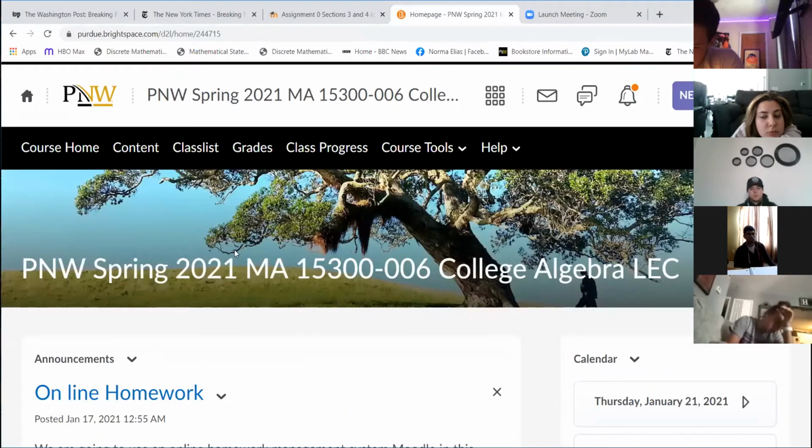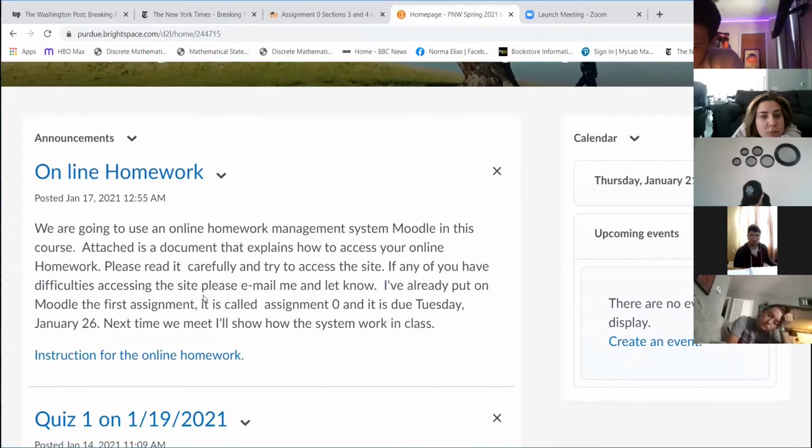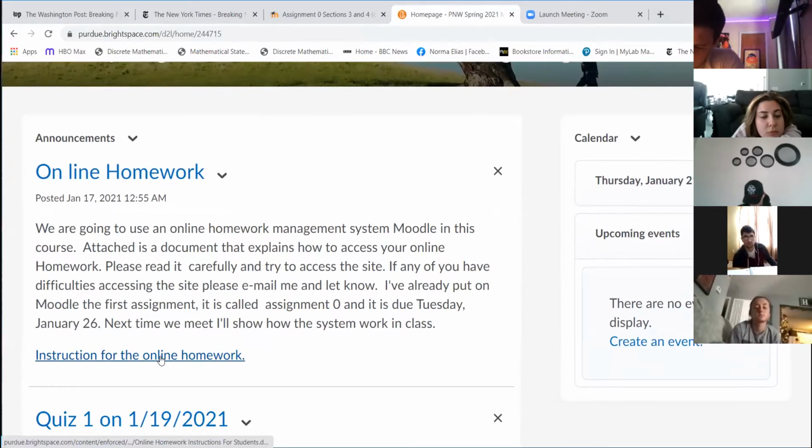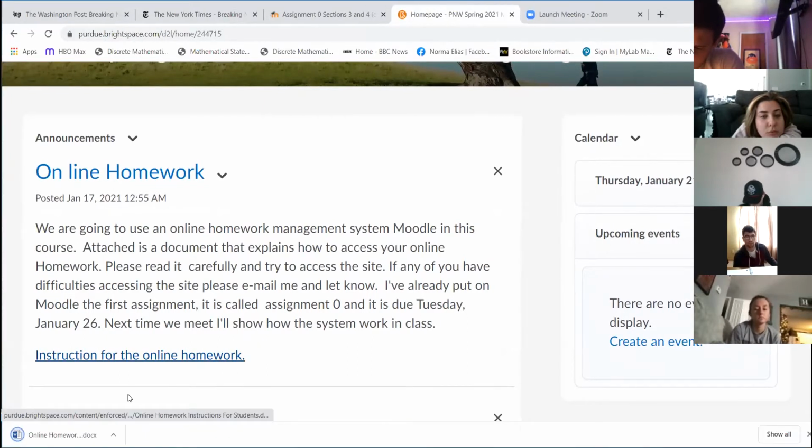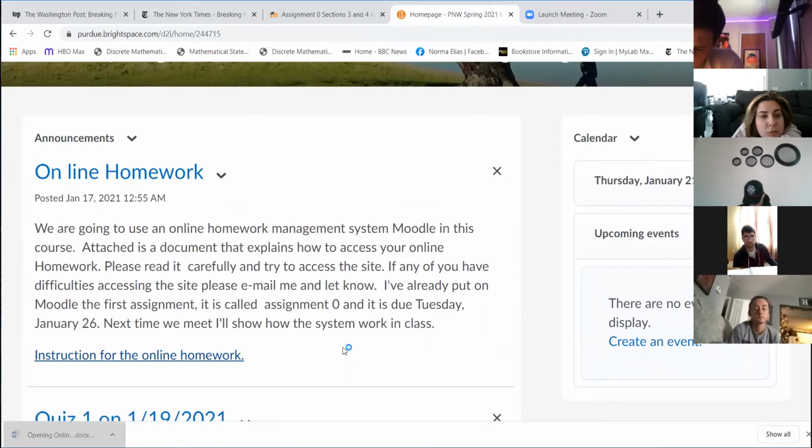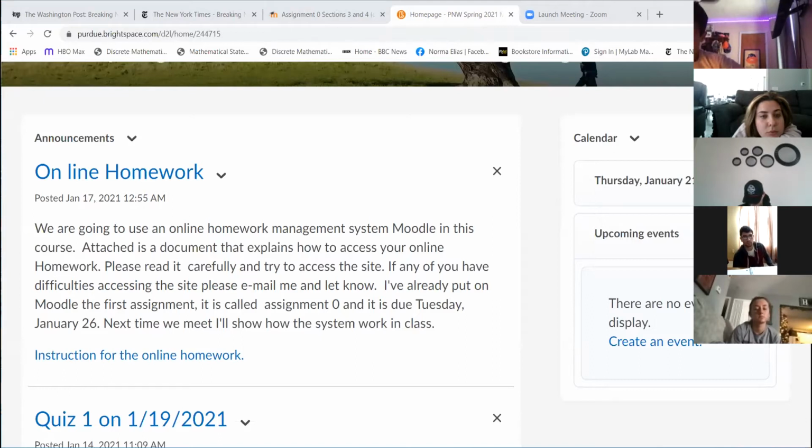On Brightspace, you have online homework. Do you see it? Click here, instruction for the online homework, and then you get a document. Can you see the document? I don't see it on your screen.